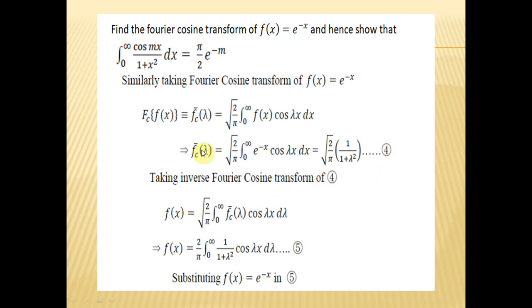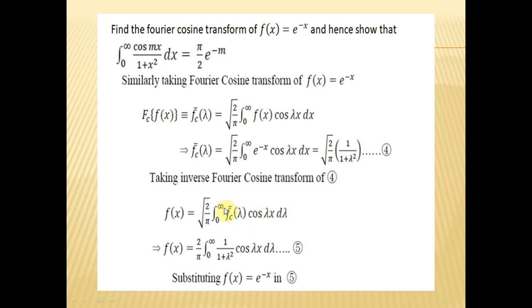Now we will take the inverse Fourier cosine transform of this equation 4 to reach the required result. The inverse Fourier cosine transform formula is f of x is equal to root of 2 by pi integral 0 to infinity fc bar of lambda cos lambda x d lambda.